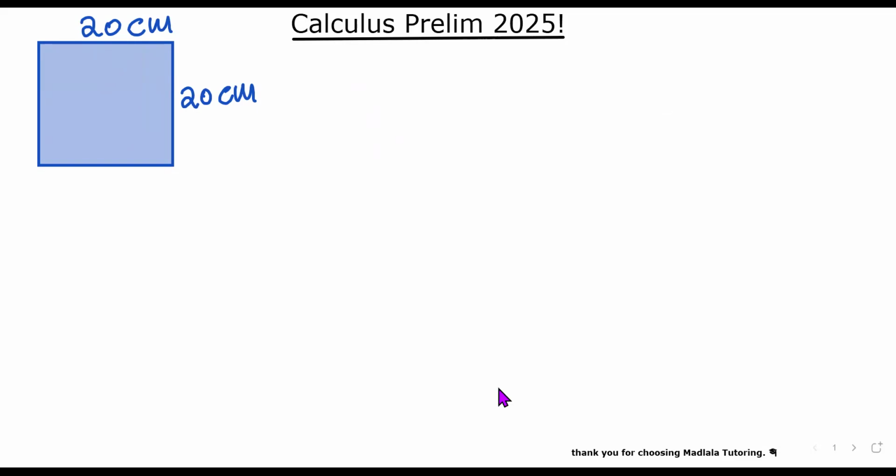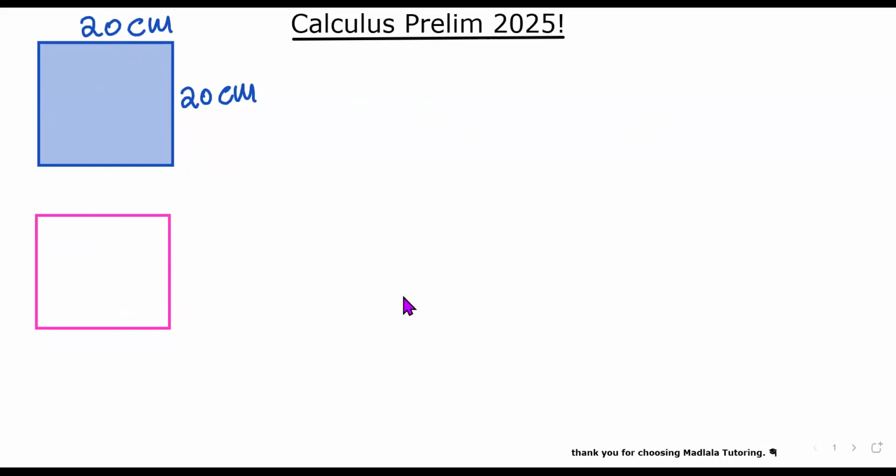Now I want you to realize this. From this metal piece, we are actually going to cut out squares. All right? Yes, we are going to cut out squares at the corners of this metal sheet. In other words, we still have our square metal sheet. Yes, that's true.